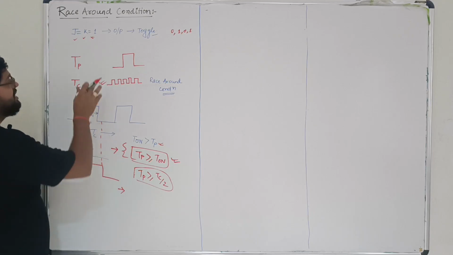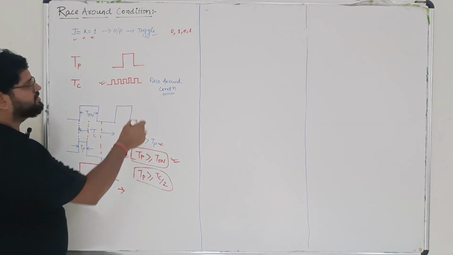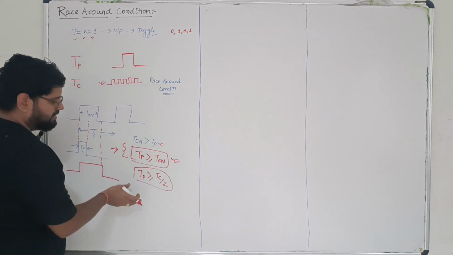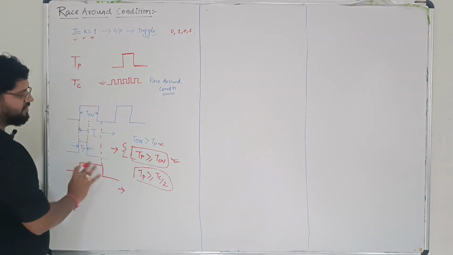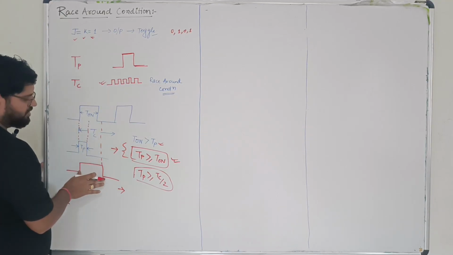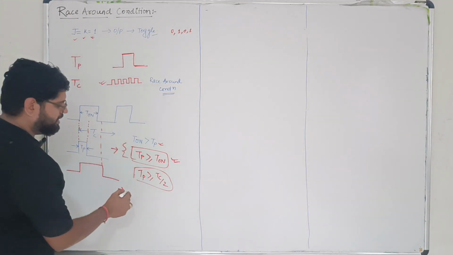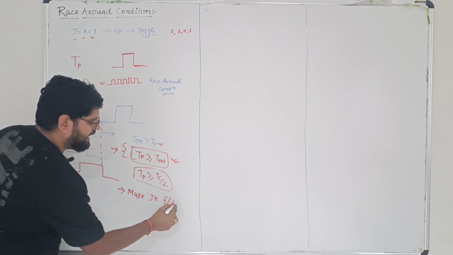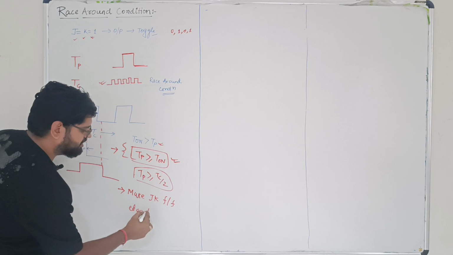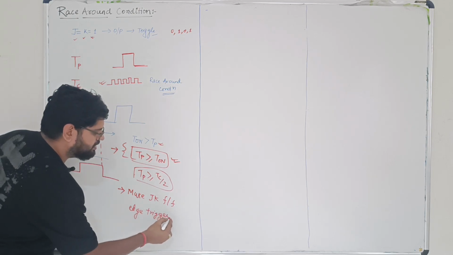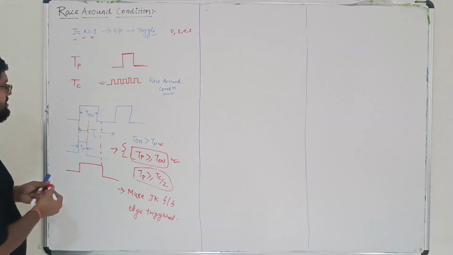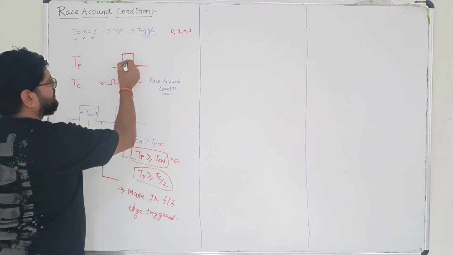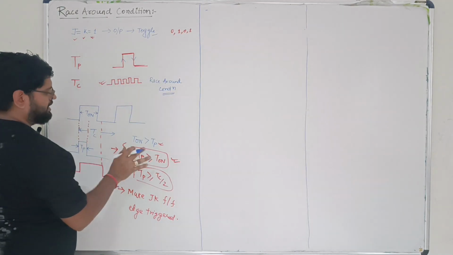The next condition: I have told you that race around condition occurs if it is level triggered. I mean, if your flip flop works over here, then there is a possibility of occurrence of race around condition. So if you make your JK flip flop edge triggered, then automatically this problem will be resolved. If you make it edge triggered, your flip flop will either work at this point or work at this point.